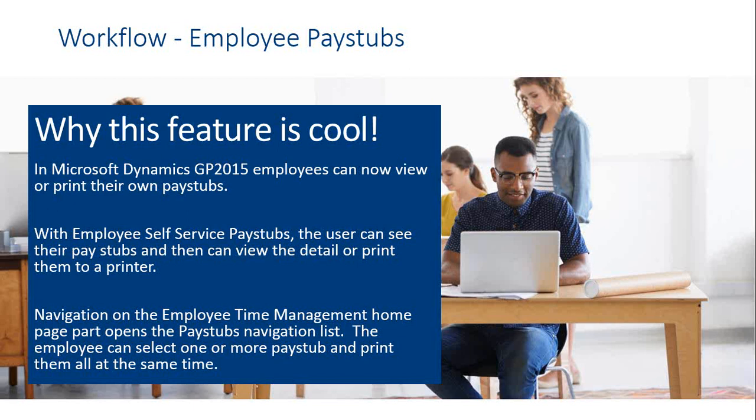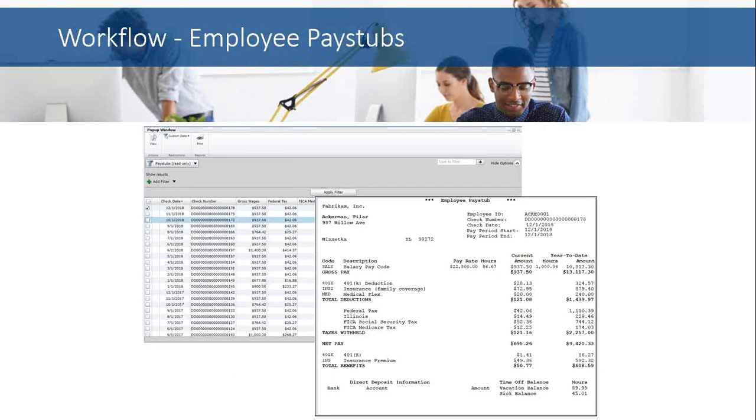And then also, this is kind of a workflow, but this allows individual employees to go in and look at and print their pay stubs directly from the solution. So you can see here that I have a window that allows me to select a particular pay and then get a view and can print a report that will show me the details of my pay.